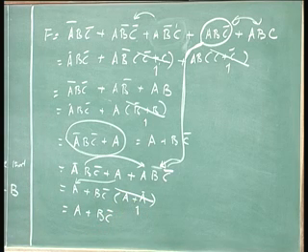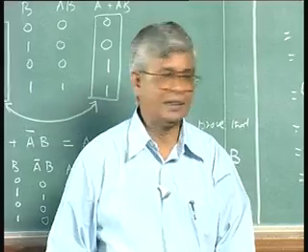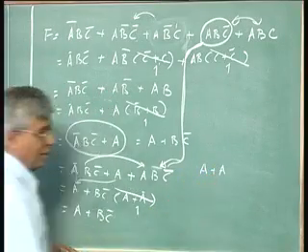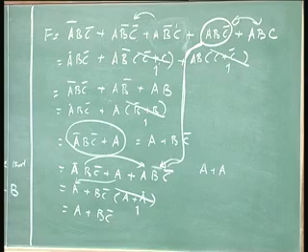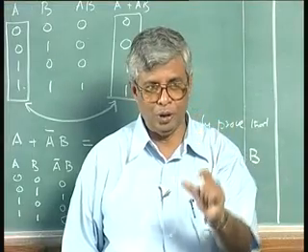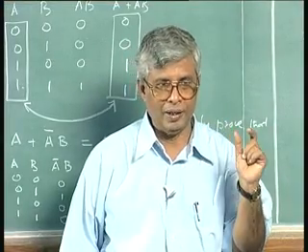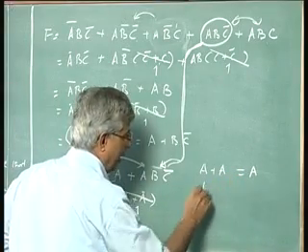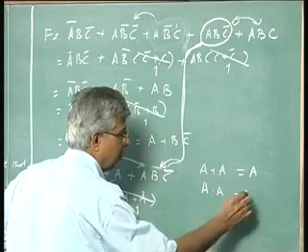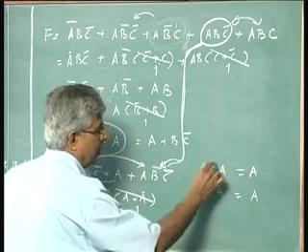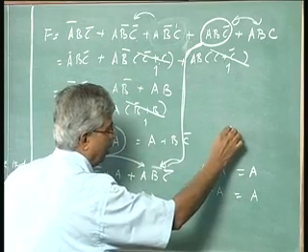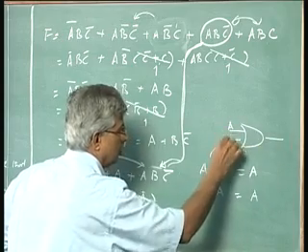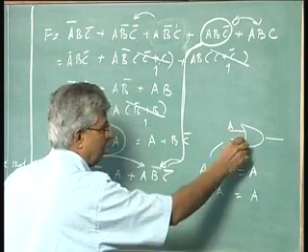Is it valid? Is it legal? Yes, it is, because what is A or A? I can have an OR gate with the same input tied to all the inputs, still the output is A. A or A is A. What is A and A? A. This is saying if I have an OR gate, if A is 1, both the inputs are 1, the output is 1.